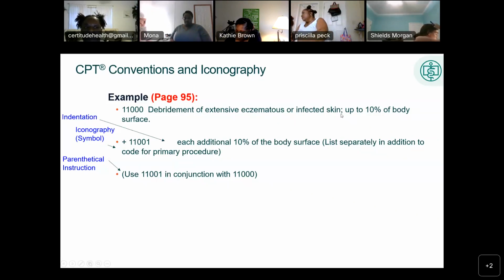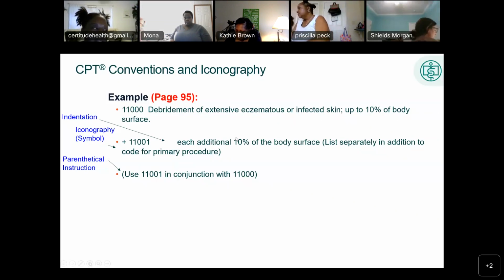So this code will be for somebody who has had a debridement for this purpose. And behind that semicolon is going to be ultimately, again, more of your deciding factor. So this code represents up to 10% of the body surface. Now, remember the indentations that we saw in the ICD-10 handbook?